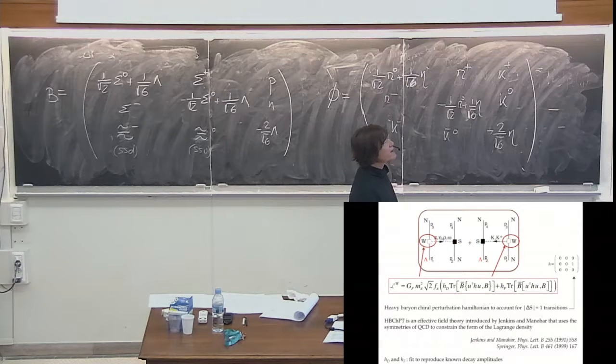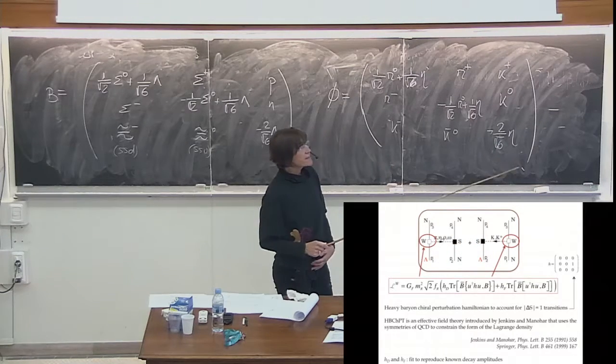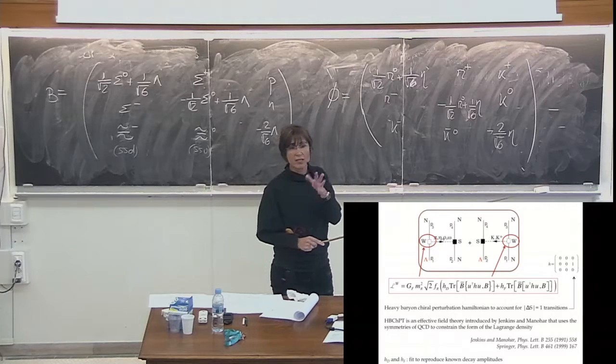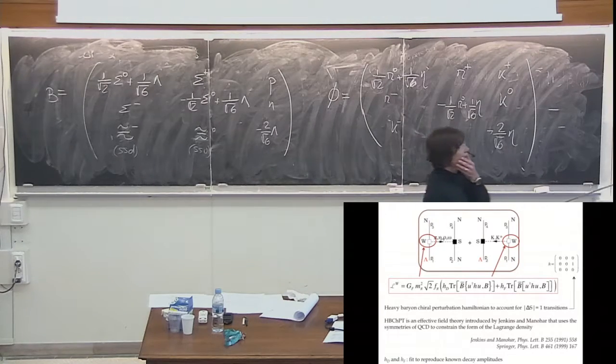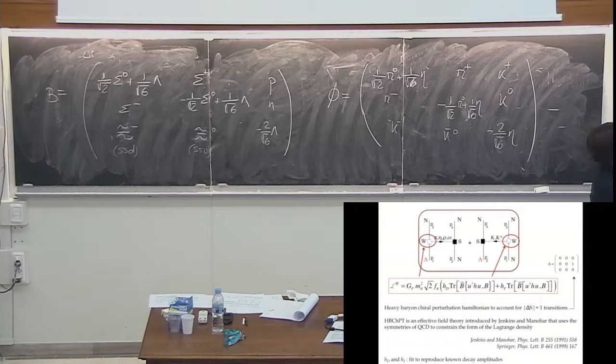For the weak vertex, we have something more or less similar, with the extra consideration that you have to include a piece which takes into account this variation of strangeness. This is the H matrix here.